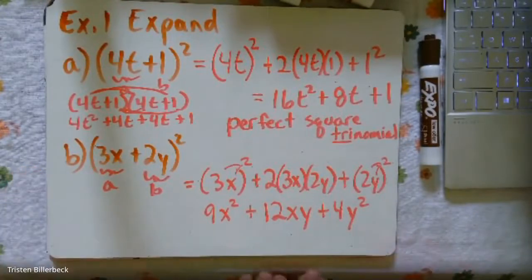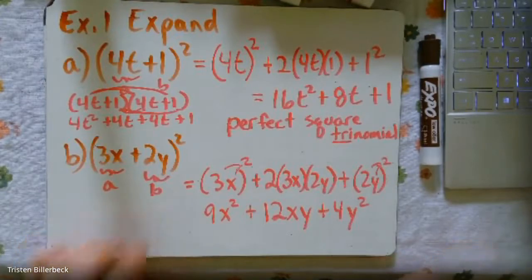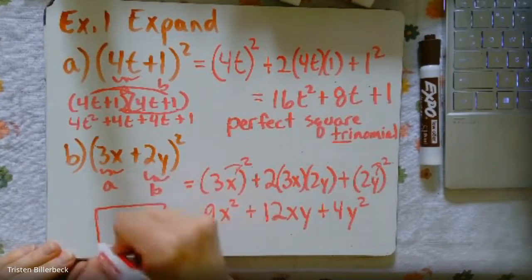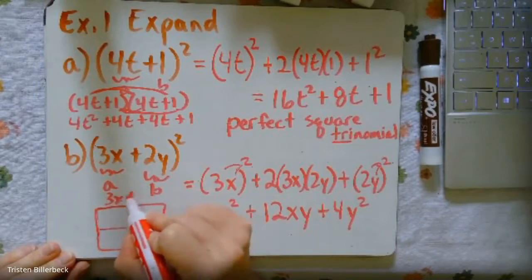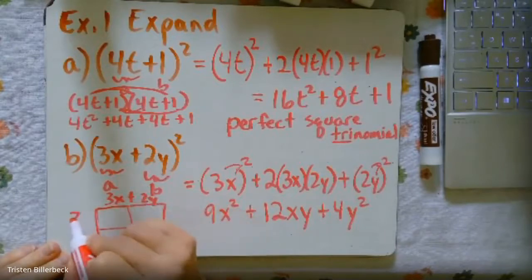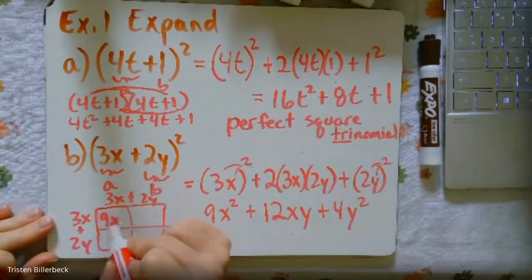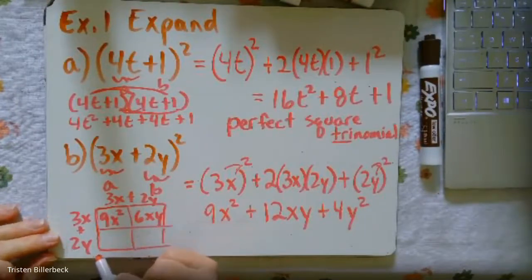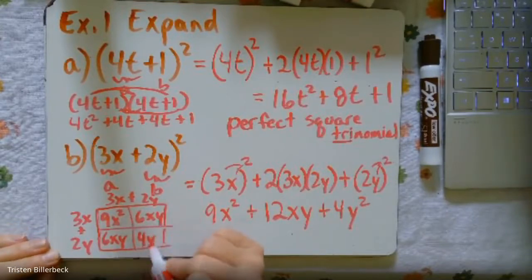Okay, so you just blindly use that formula and plug it in. If you're not sure about how to do this, then you use the box method that I showed you, where you just do the box like this, and you put the 3x plus 2y here, 3x plus 2y, and you end up with 9x squared, 6xy, 6xy and 4y squared.